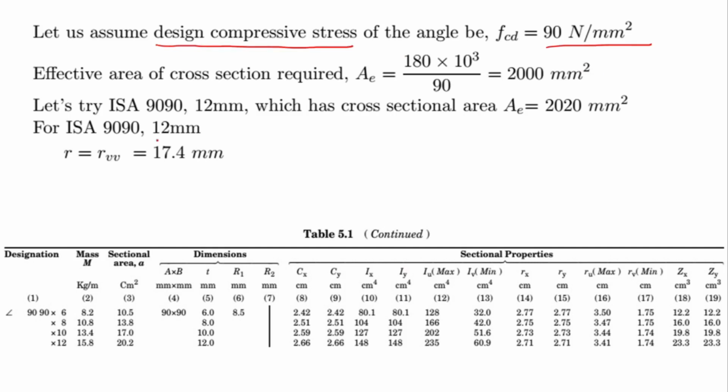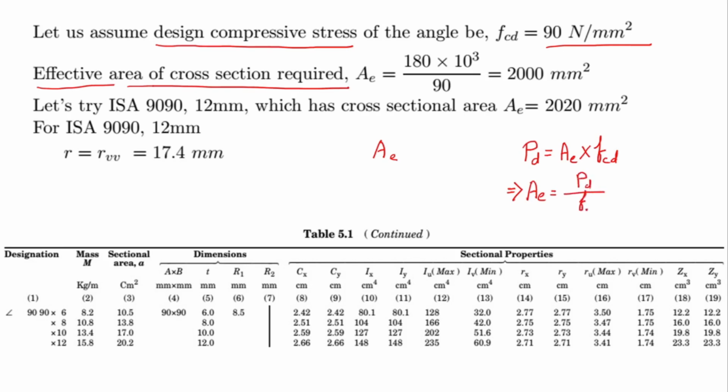Next we have to calculate the effective area of cross section required for the angle strut, which is Ae. We know that Pd, the design compressive strength, is equal to effective area multiplied by design compressive stress. So our required effective area Ae equals Pd by fcd.